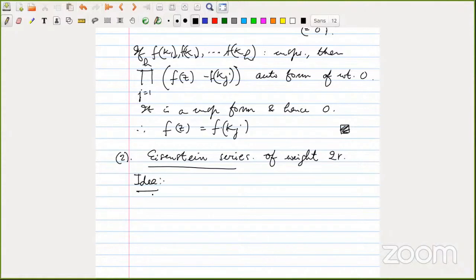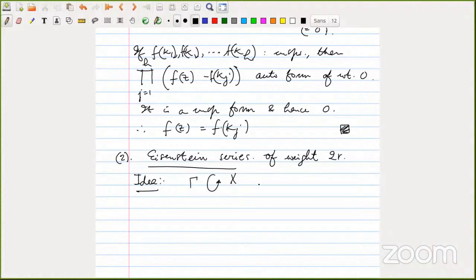Suppose I have this group gamma acting on a set X. This set X has the properties that I can add elements and so on.